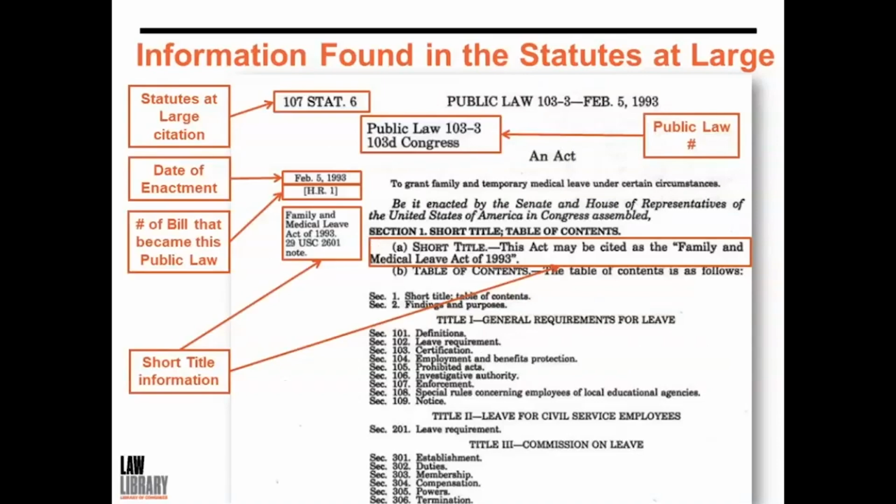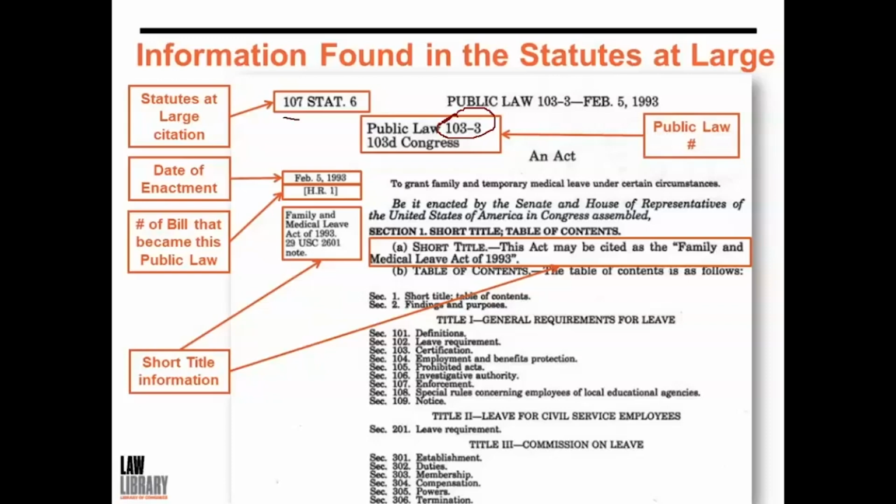So here's a screenshot of the very first page of the public law we've been discussing, Public Law 103-3. And we can use the information on this page from the Statutes at Large to help us answer question number 4. In the top left-hand corner, you have the volume and page number for the Statutes at Large. So here we go.